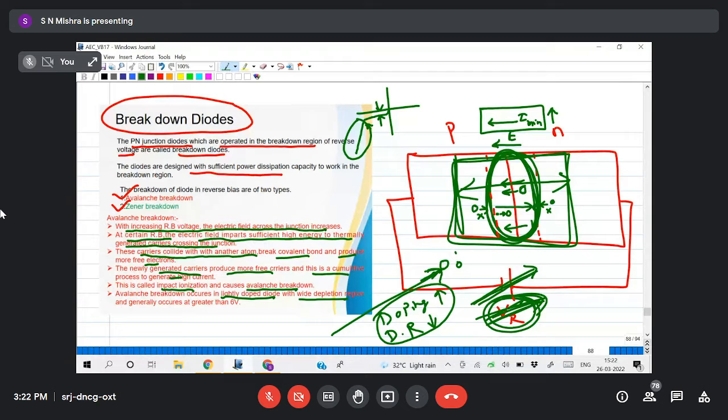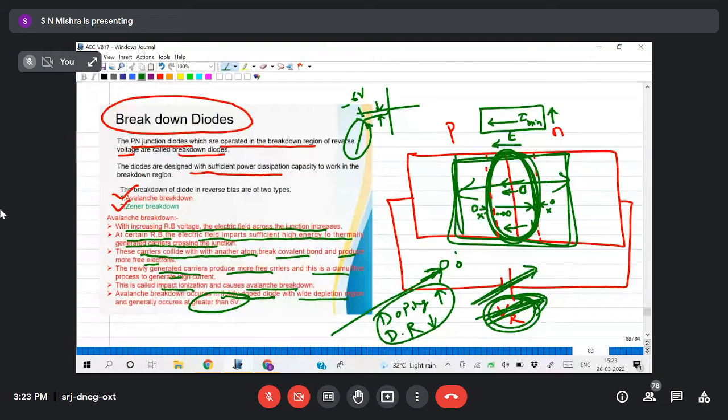But in a normal diode, we observe this avalanche breakdown, and generally it occurs at greater than 6 volt, meaning reverse voltage of minus 6 volt. If I plot, it will be around minus 6 volt, but in the case of a Zener diode, it will be less than 6 volt.